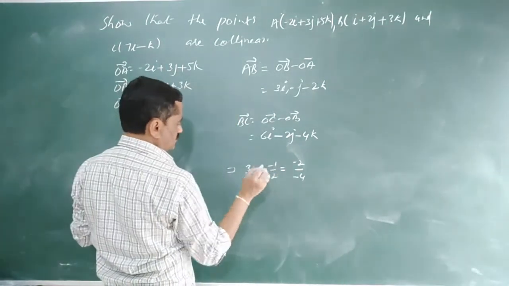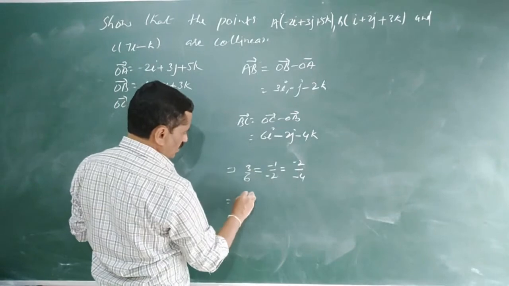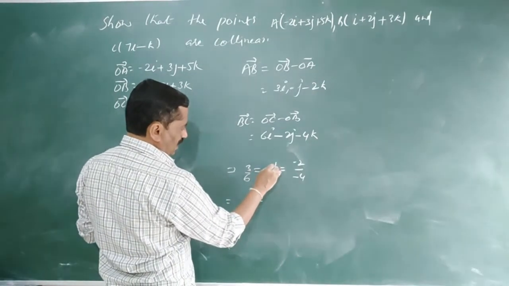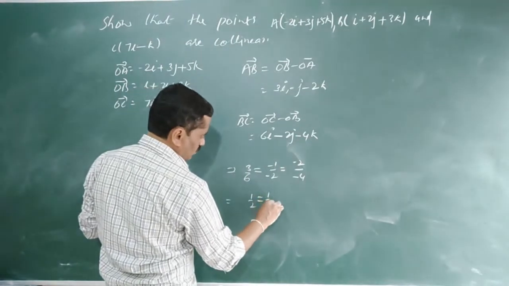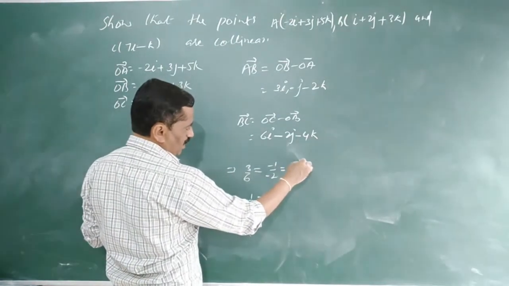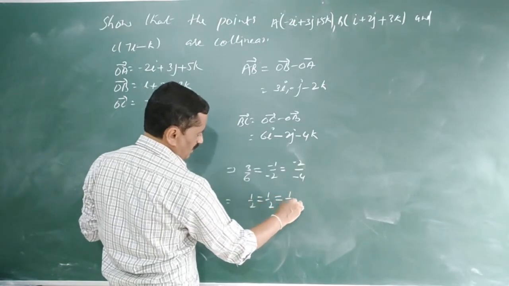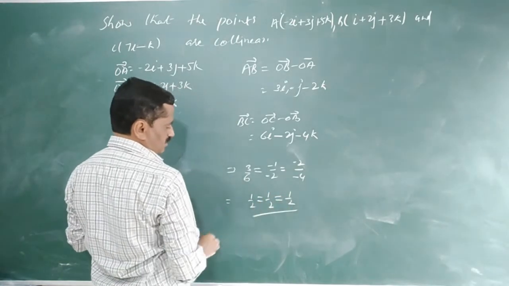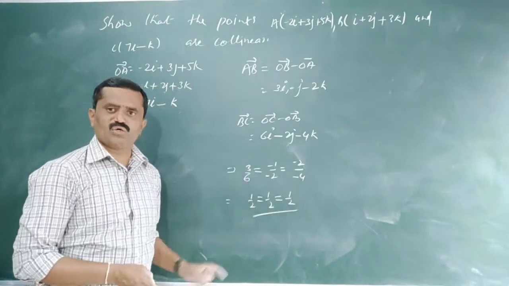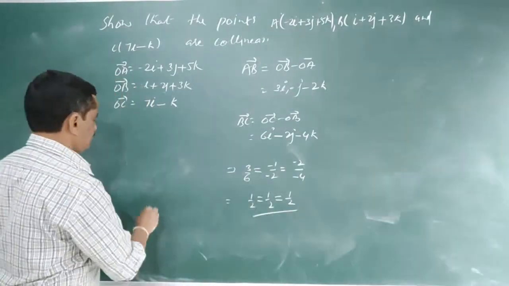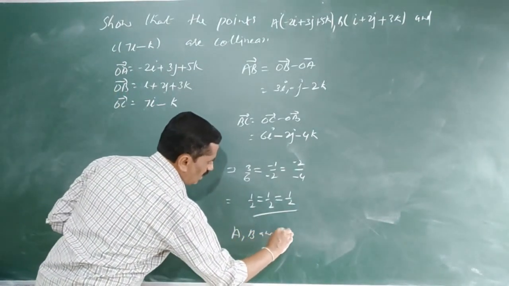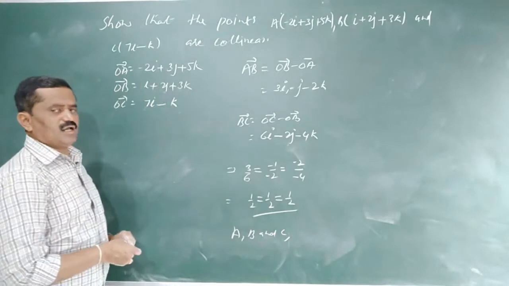That is 1 by 2 equal to 1 by 2 equal to 2 by 4, that is 1 by 2. Therefore their corresponding scalar components are proportional to each other. Therefore the points A, B and C are collinear.